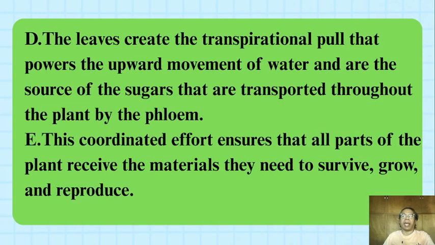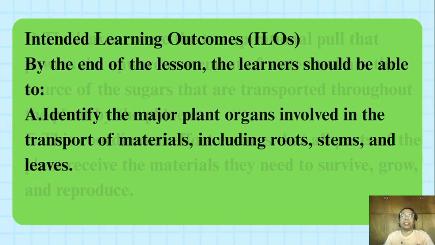The leaves create the transpirational pull that powers the upward movement of water and are the source of the sugars that are transported through the plant by the phloem. This coordinated effort ensures that all parts of the plant receive the materials they need to survive, grow, and reproduce.